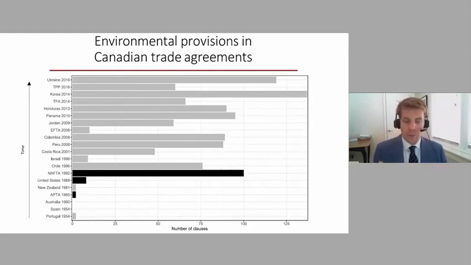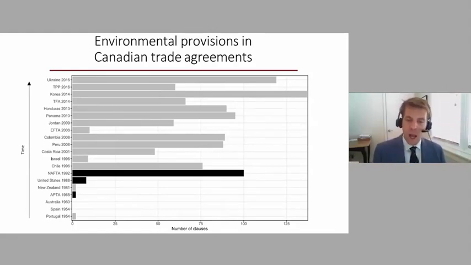And you can see clearly that there's a before NAFTA and an after NAFTA. By the way, the trade agreements include free trade agreements, but I include also sectoral agreements. So some of those agreements are not free trade agreements. It includes, for example, the Auto Pact and other sectoral trade agreements. But you can clearly see that there's a before and after NAFTA.